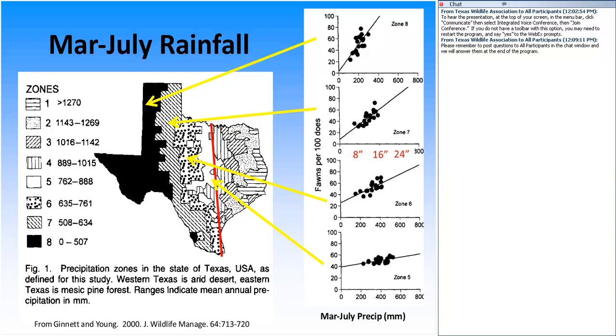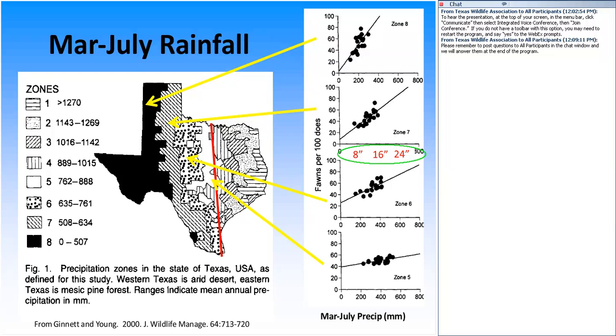And the axes are actually in millimeters, but I've put a kind of an inches conversion roughly in there, so 8, 16, 24 inches on that zone 7 graph. And then on the y-axis, we've got the fawn-doe ratios, number of fawns per 100 does.